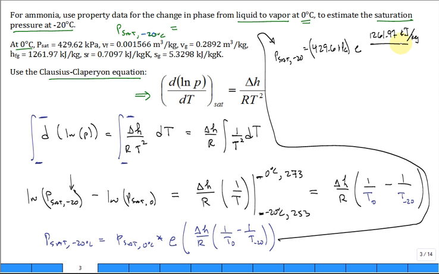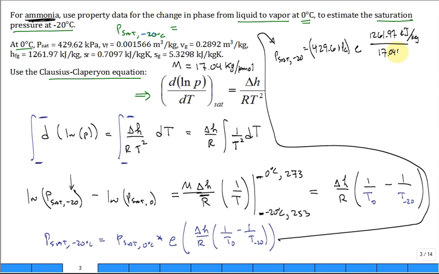The R is R bar divided by the molar mass for ammonia, and the molar mass for ammonia is 17.04 kilograms per kilomole, right?